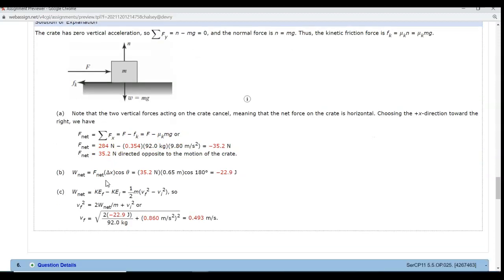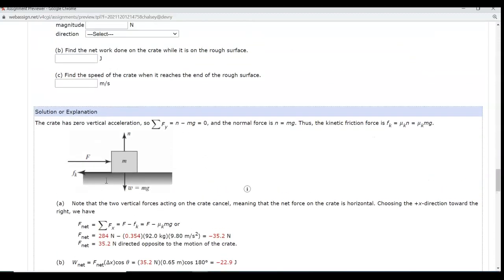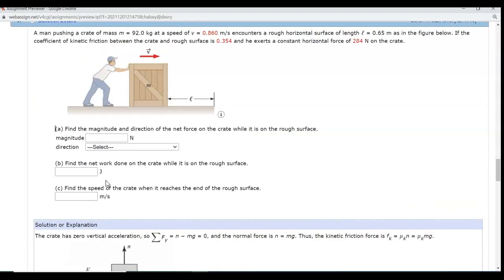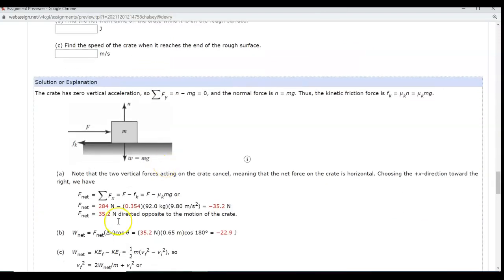Okay, so we take the 284 newtons that he exerts on the crate minus, and then we take that coefficient times the mass, 92 kilograms times 9.8. Since it comes out negative, that means it's in the direction opposite of the motion of the crate.